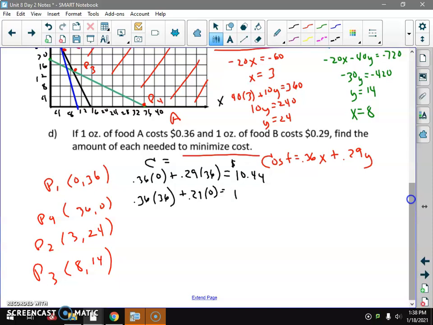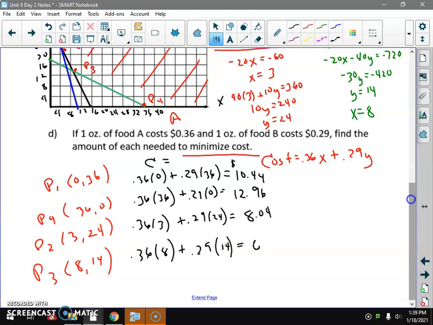That would be $12.96. 0.36 times 3 plus 0.29 times 24. Plug that into our calculators, $8.04. And the last one, 0.36 times 8 plus 0.29 times 14 equals $6.94.